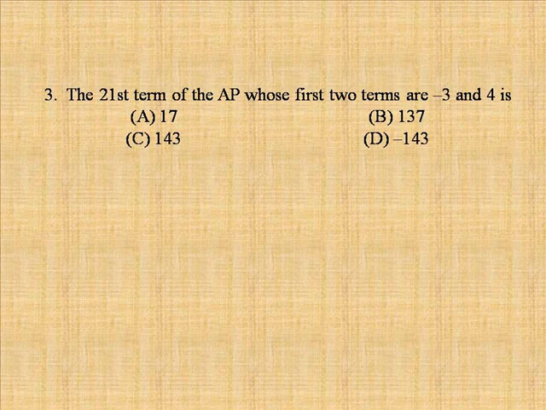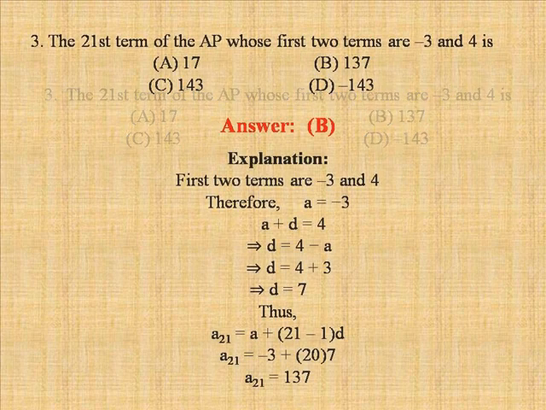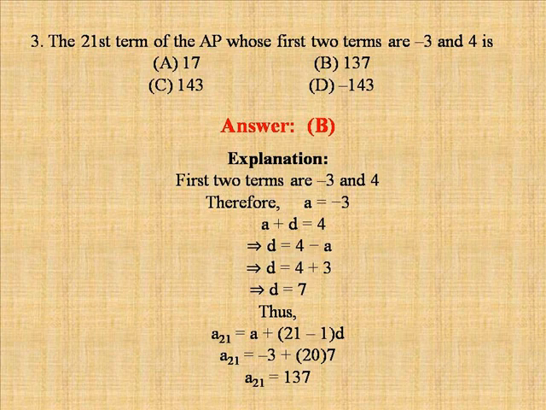Question number 3. The 21st term of the AP, whose first 2 terms are minus 3 and 4, is, and you have 4 options. Answer is option B, that is 137. Now you can see the explanation of it. First 2 terms you have minus 3 and 4.